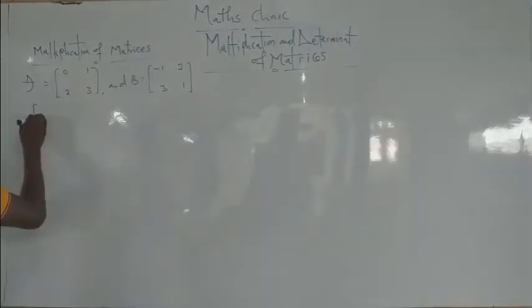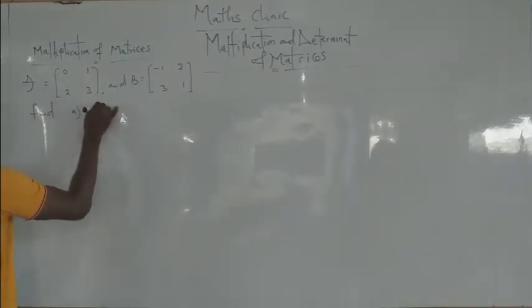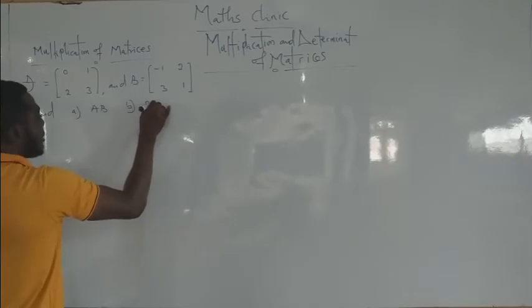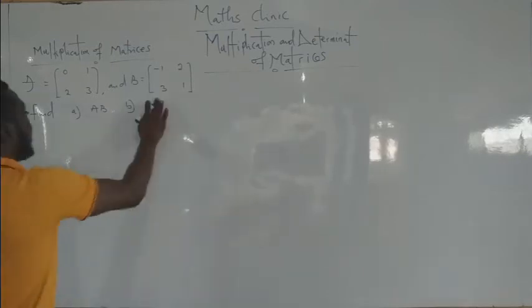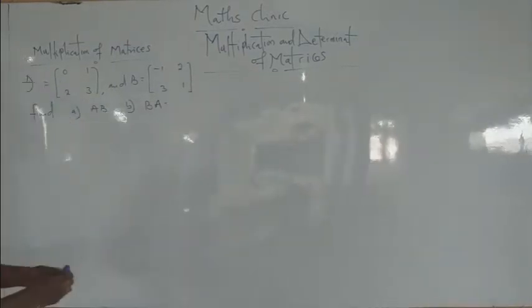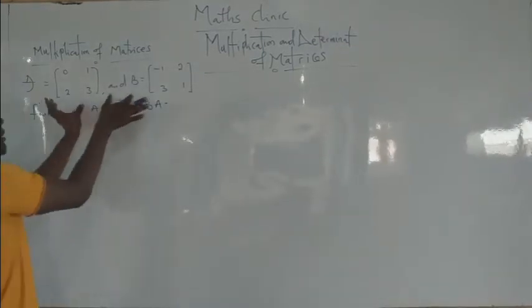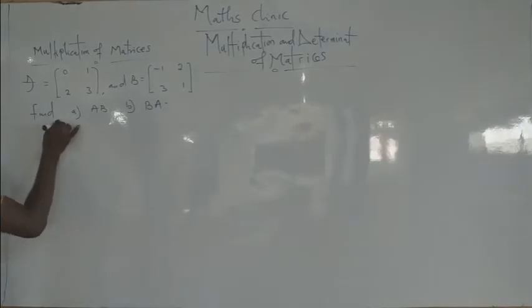Find AB and BA. Okay? So we want to look for the multiplication of these matrices. So, solution.